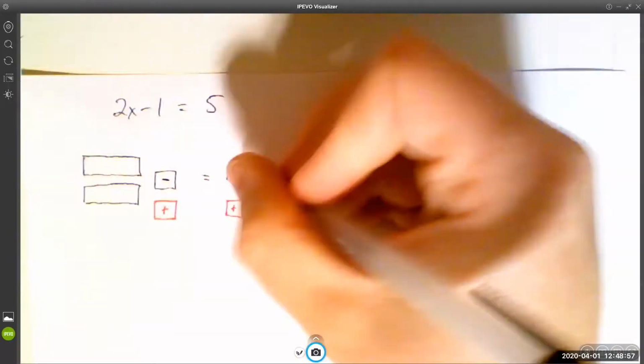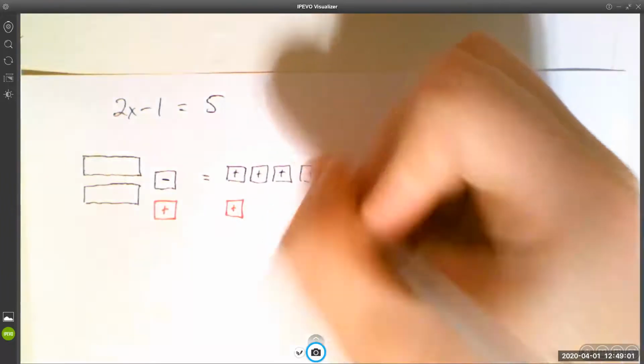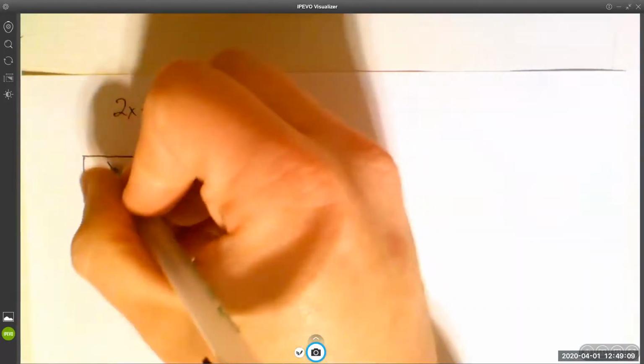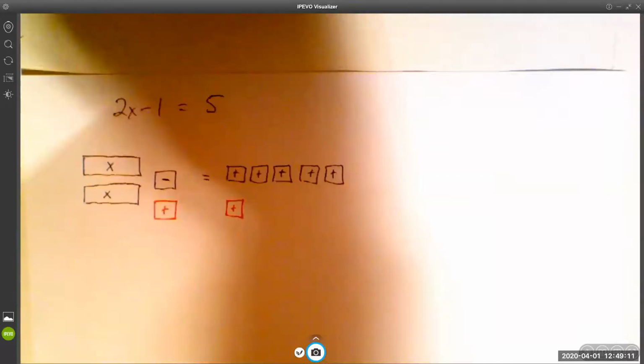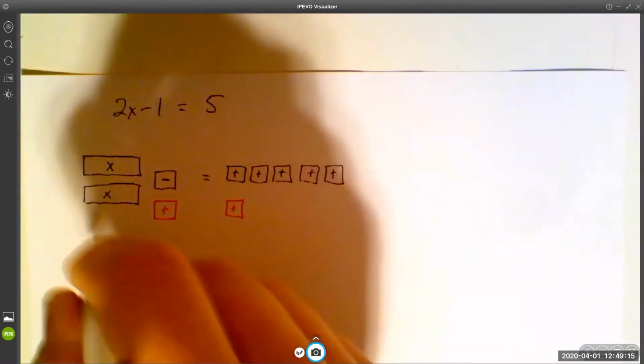And maybe just to make it less confusing, these are all positive units. I'm using the different colored ink to represent the next step in the process for me. These are positive x tiles. Okay, so there's step 1.